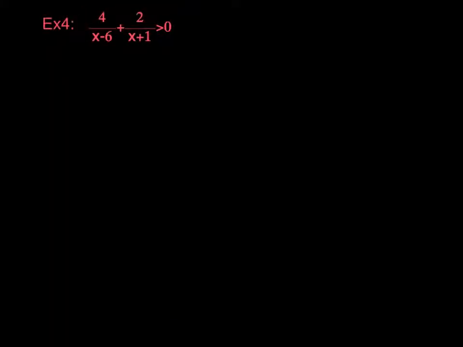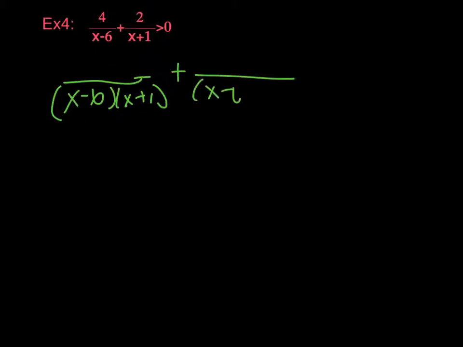Example 4. 4 over x minus 6 plus 2 over x plus 1 greater than 0. Before I solve, I'm going to get common denominators. My common denominator is going to be x minus 6, x plus 1. So that was a 4 and a 2.